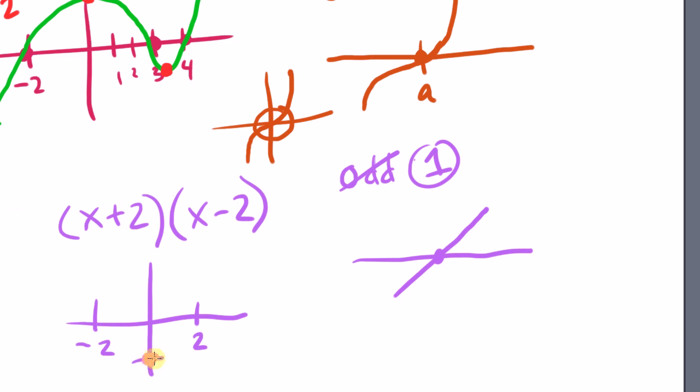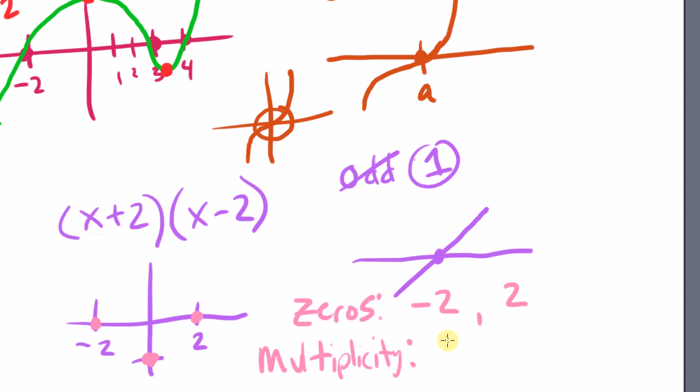Notice that if I did zeros, I would have a negative 2 and a 2, and if I did multiplicity of them, I would get 1 and 1. And we know that the parent function is a parabola, x squared. X times x is x squared. So it has to come through here.